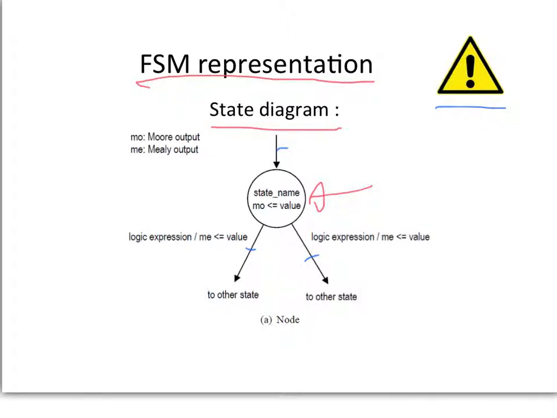On the other hand, the Mealy output value depends on the state and the input. The input in this case would be what causes a transition to one of the other states here. So the Mealy output assignment would happen when we have a logic expression fulfilled that causes us to change from one state to another, or one state to a third. In this case, the Mealy output assignments would be different.